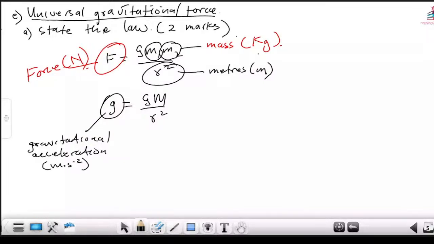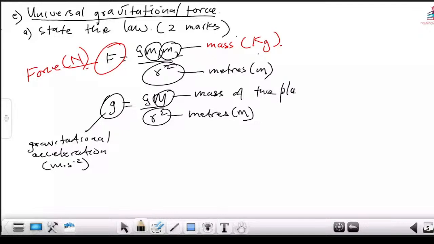Then r is still our distance, which will be in meters, and M is the mass of the planet. And remember that G is a constant.